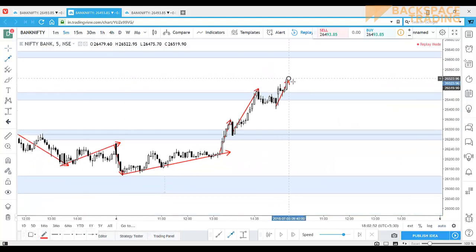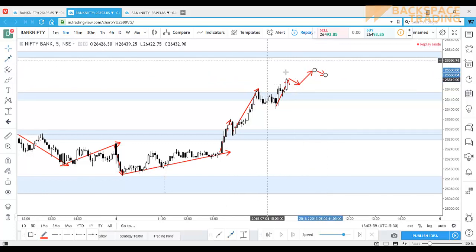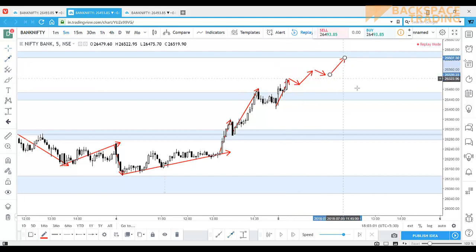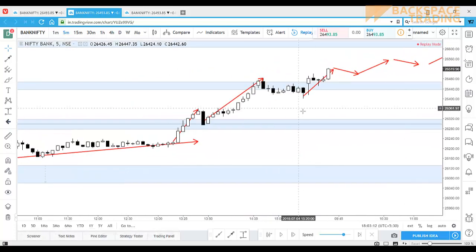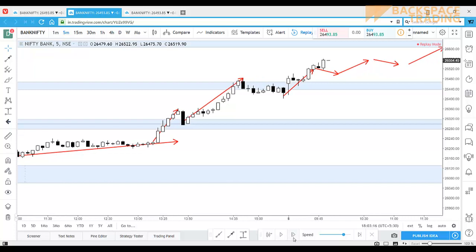So what should I expect now? Pull back, up move, pull back, up move. This is what our first principle states. After a breakout, a trend should continue in its path until it shows weakness. Do I see any weakness? I don't see so. So I should expect it to move upwards.